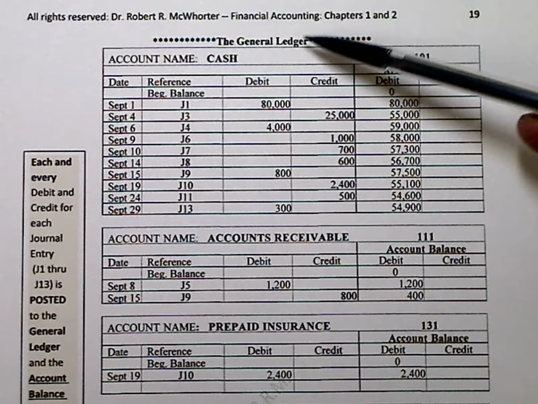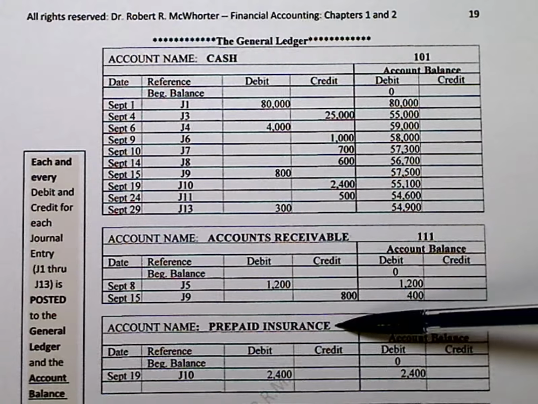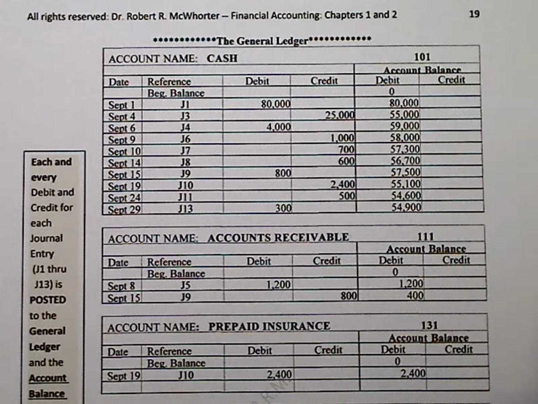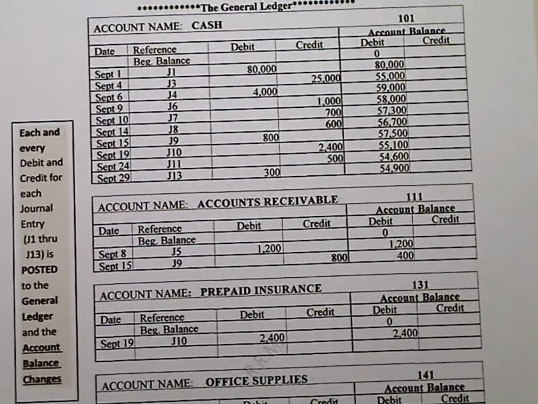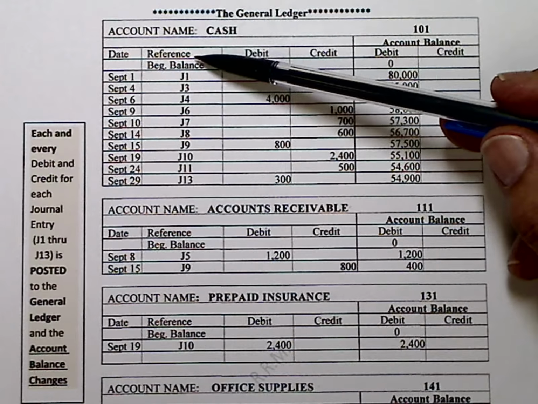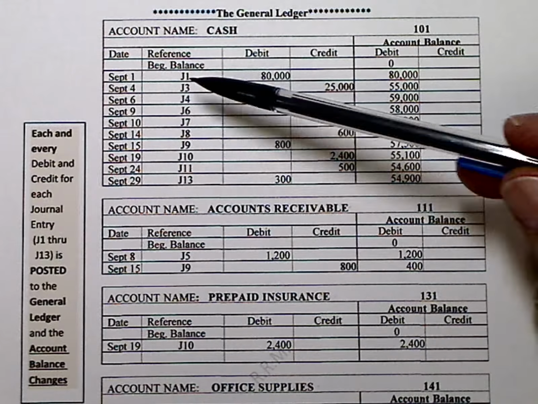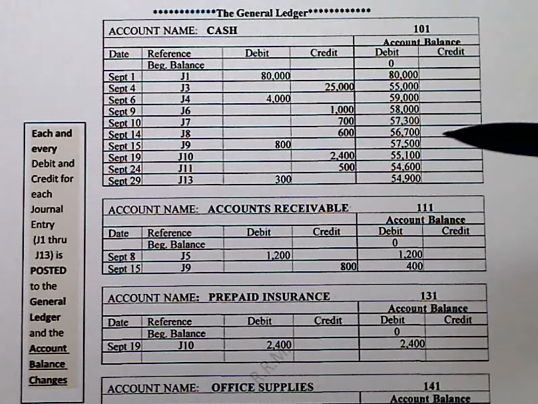Here's the general ledger. Here's cash, accounts receivable, prepaid insurance. Every account will be represented here. So let's look at these. Notice we've got the date, the journal entry number, journal entry 1 through 13.